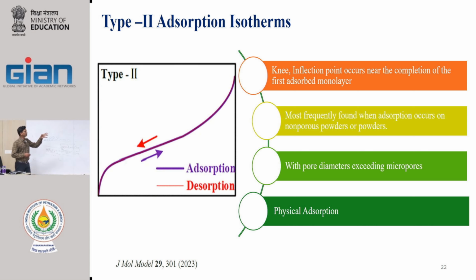Usually we observe type 2 in MOFs as well, because monolayer adsorption does happen on MOFs. And it is better to classify these isotherms based on pore size, as Professor Ravi was telling: microporous, mesoporous, and macroporous.